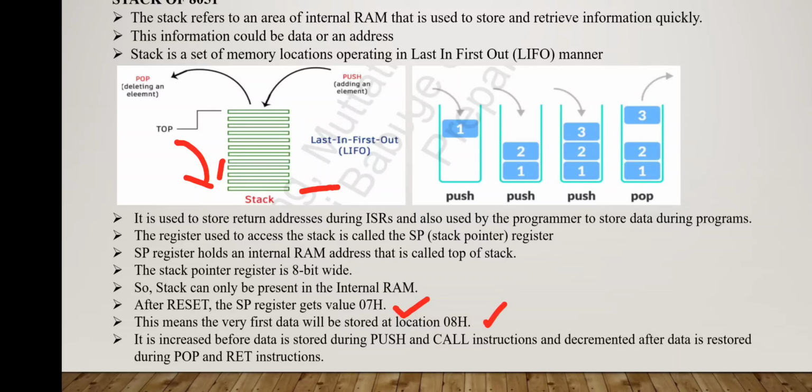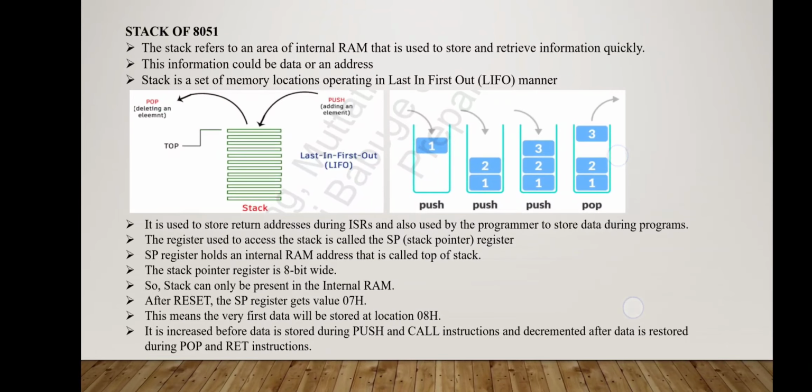If the second data comes, it will be stored in address 09. Likewise the address is incremented while storing data using push and call instructions, and decremented after the data is restored during pop and return instructions. When we are popping or returning from the stack, the address will be decremented. If we push or call, the address will be incremented. This is the case of stack in 8051.